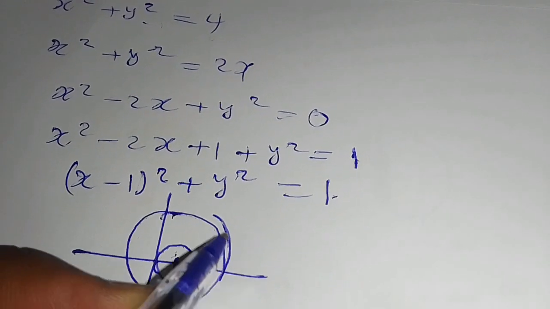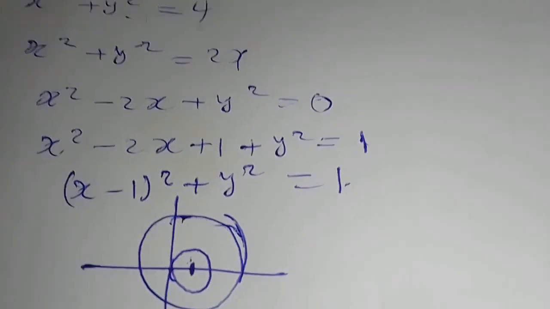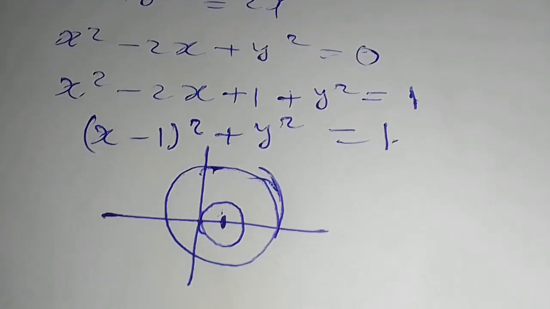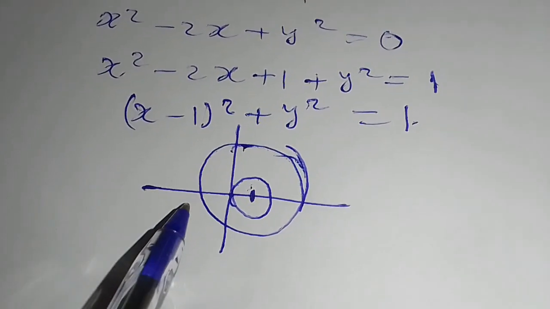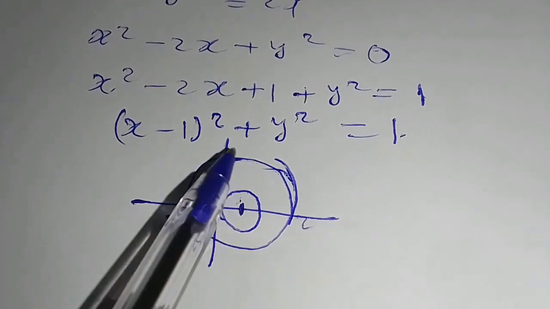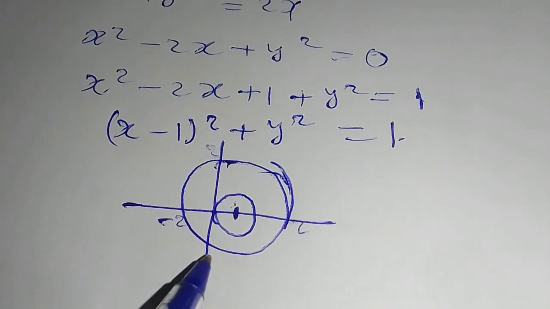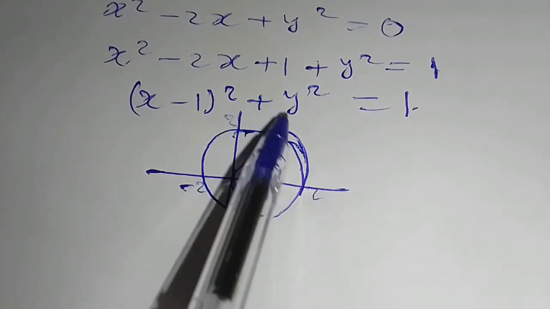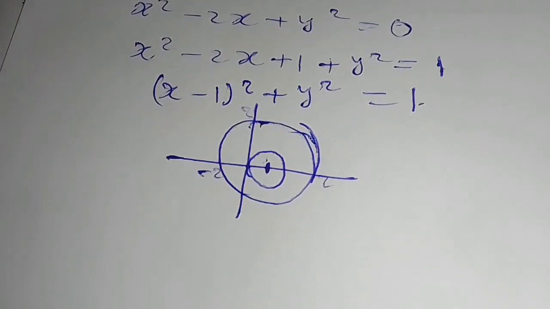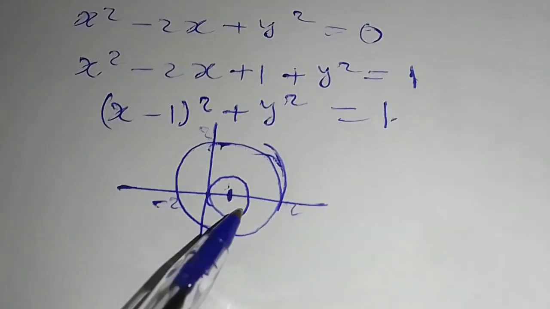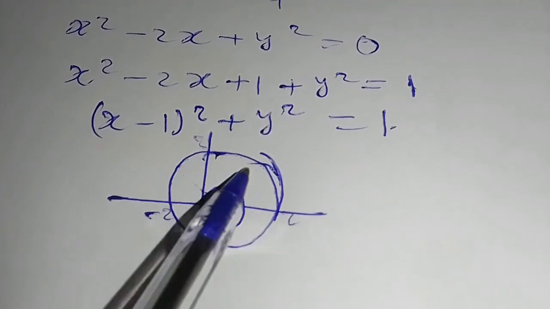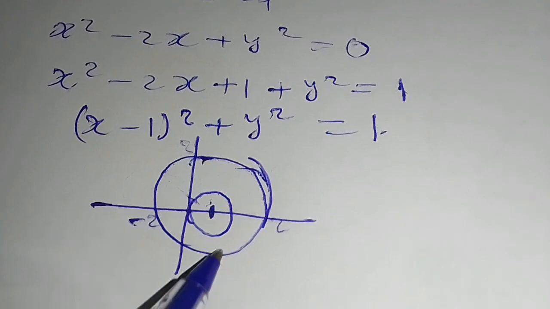Like I said, my sketches aren't really that great. You're going to have to forgive my sketch, but basically the outer circle has a center at the origin, and the other one is centered at 1, 0 right there. So then you're just looking for this region right there.